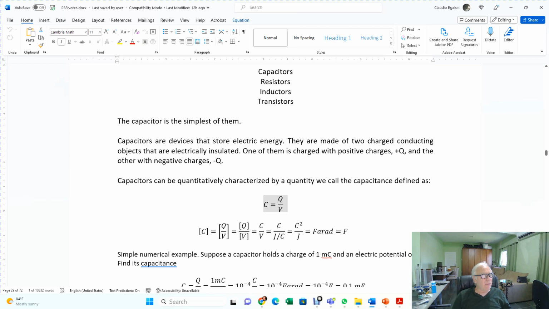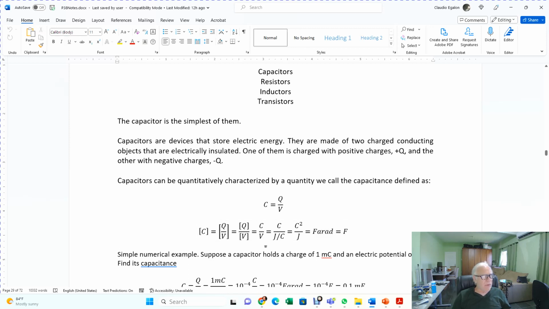The unit of capacitance is the unit of Coulomb divided by the unit of voltage. The unit of voltage is joules per Coulomb. You get Coulomb squared over Joule. This unit shows up so frequently that we call it a farad, represented by the letter F.